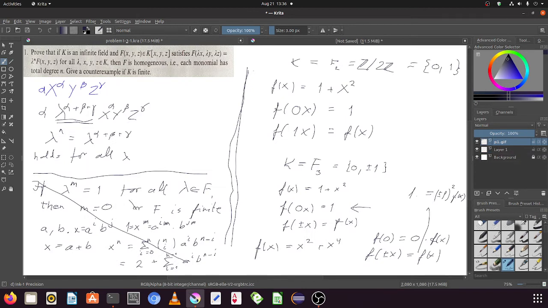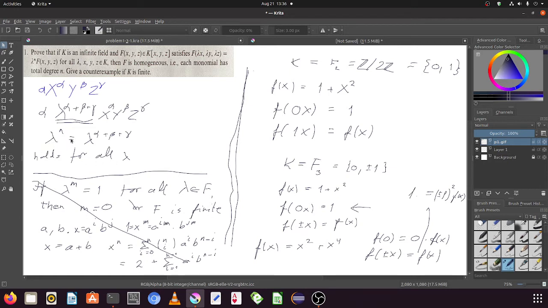Now, if we go back to this equation, if it's an infinite field, then it holds for an infinite number of solutions.